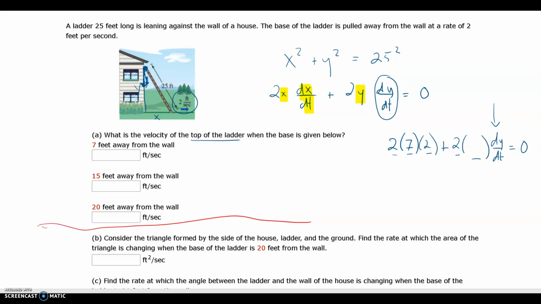At this moment in time, the ladder is always 25 feet. We are 7 feet from the wall at this moment in time. So we could find the distance y by the Pythagorean theorem. That gives us 25 squared minus 7 squared equals y squared.